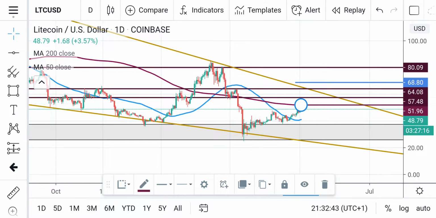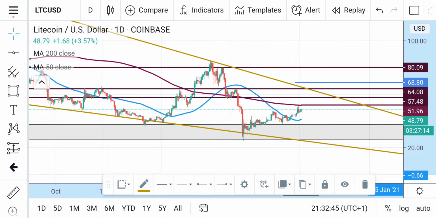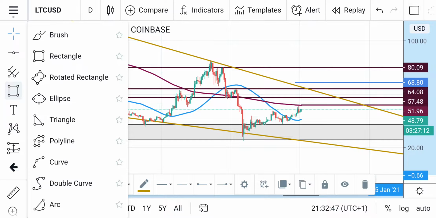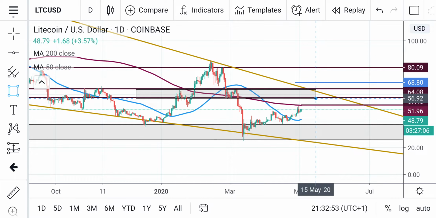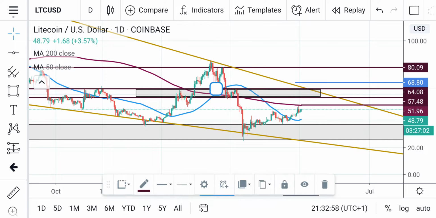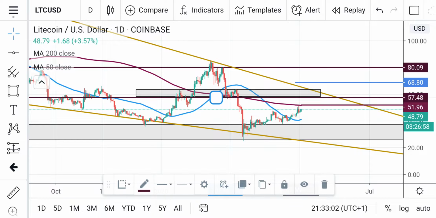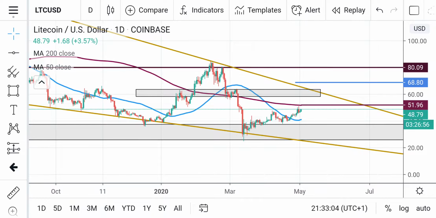But in order not to make my chart look so clumsy or rough, I just use a rectangular tool to highlight it as a zone, and then I delete those lines.